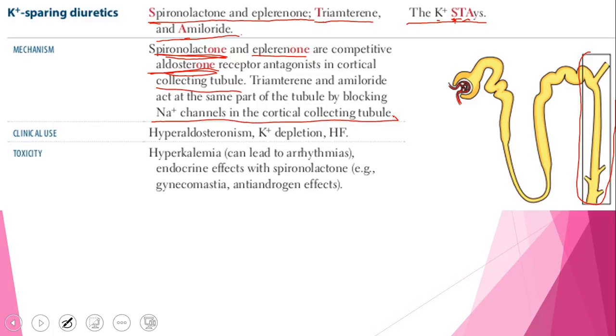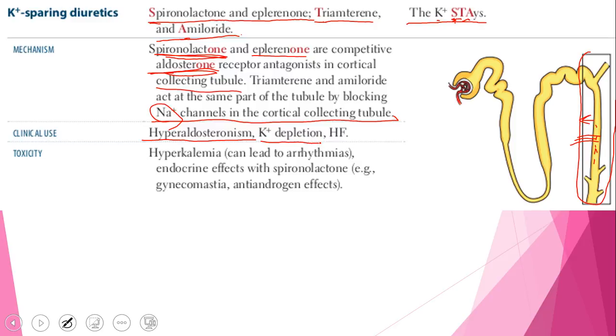So essentially, they block these sodium channels, and so sodium can't get reabsorbed, and so the fluid goes in, and you end up having more pee. Hyperaldosteronism is one of the uses. So if somebody has too much aldosterone, you give them this, it decreases the effects of the aldosterone.